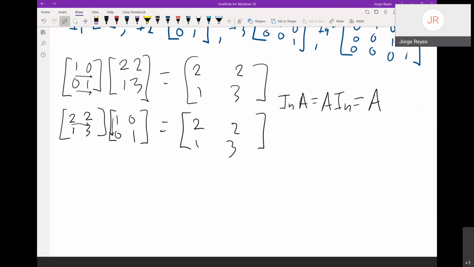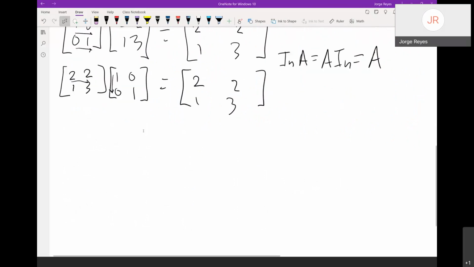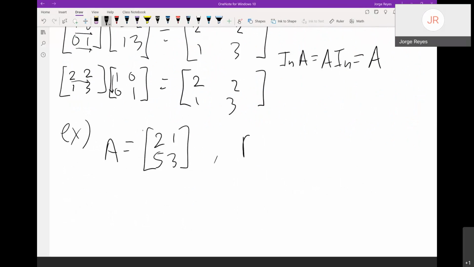Now that we know what the identity matrix is, and you see that it works, I can show you an example of matrix inverses. Here, I'm going to have A, which is this matrix, and B, which is this matrix.